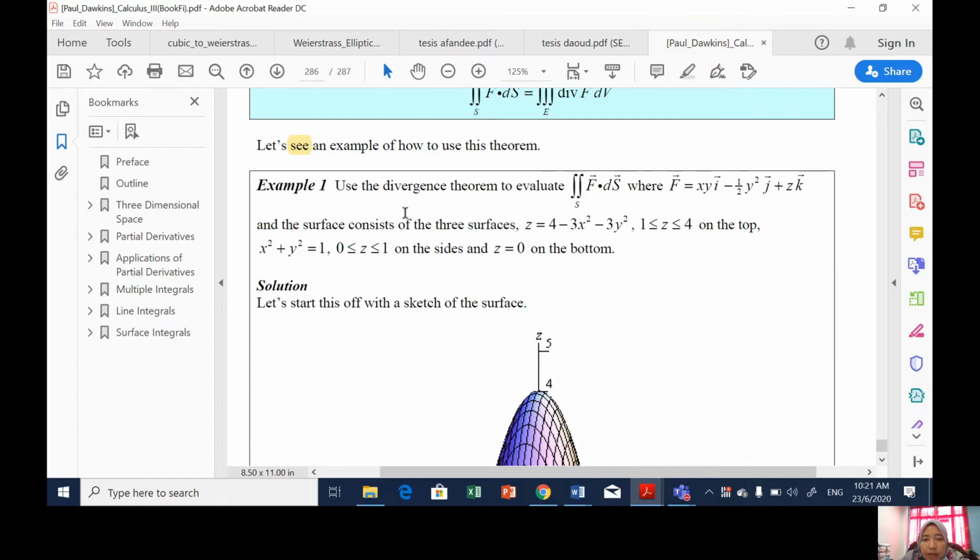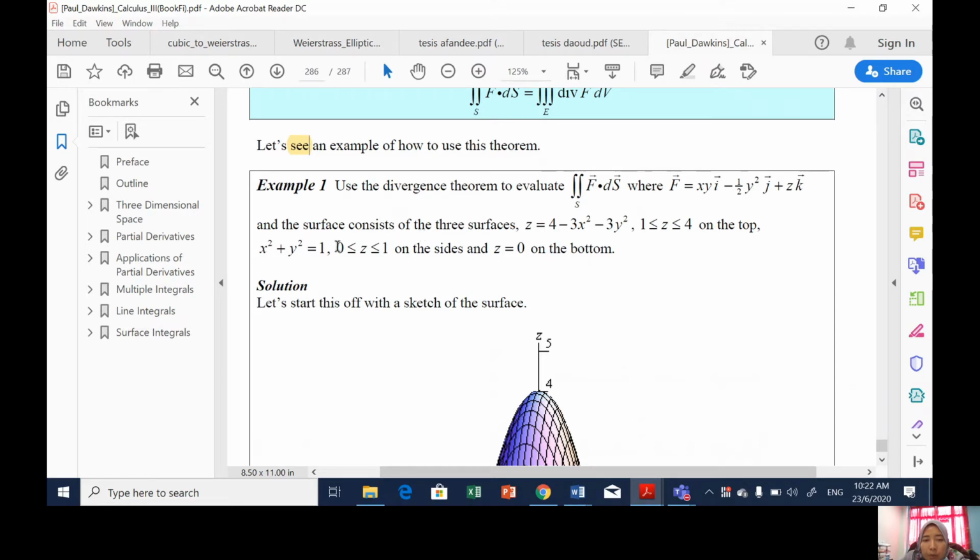The surface S consists of the surface z equal to 4 minus 3x squared minus 3y squared, with z between 1 and 4 on the top, and the surface between the x and y axes, which is actually a circle, with z between 0 and 1 on the side, and z equal to 0 on the bottom.